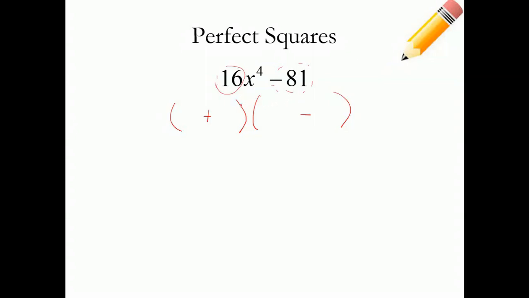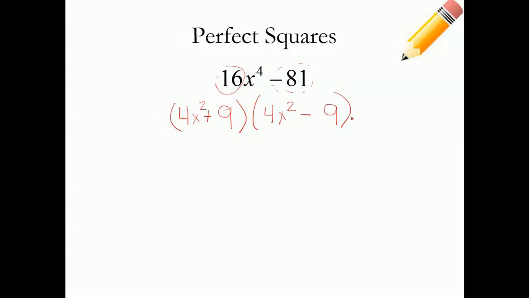The square roots. So 16, its square root is 4, so I'm going to have a 4 here and there. But now notice, it's x to the 4th, so if I multiply, x squared and x squared gives me x to the 4th. 81 now, well, that's just 9 if I break it down.